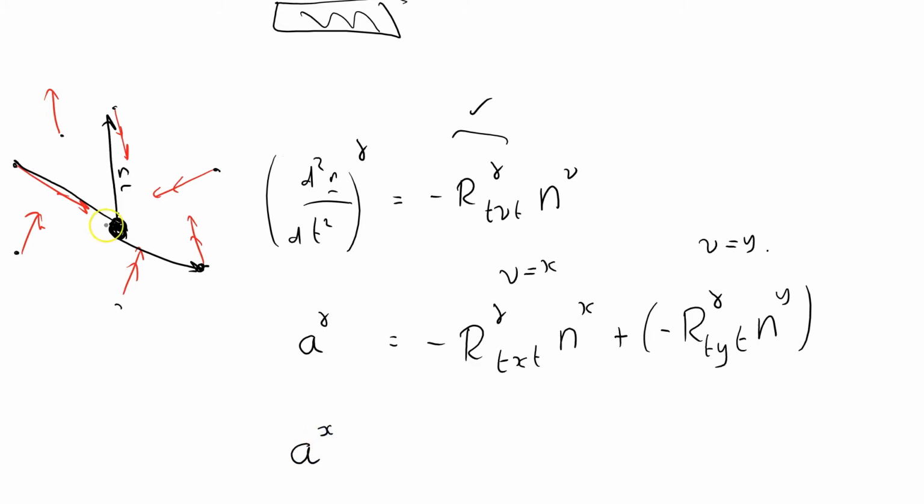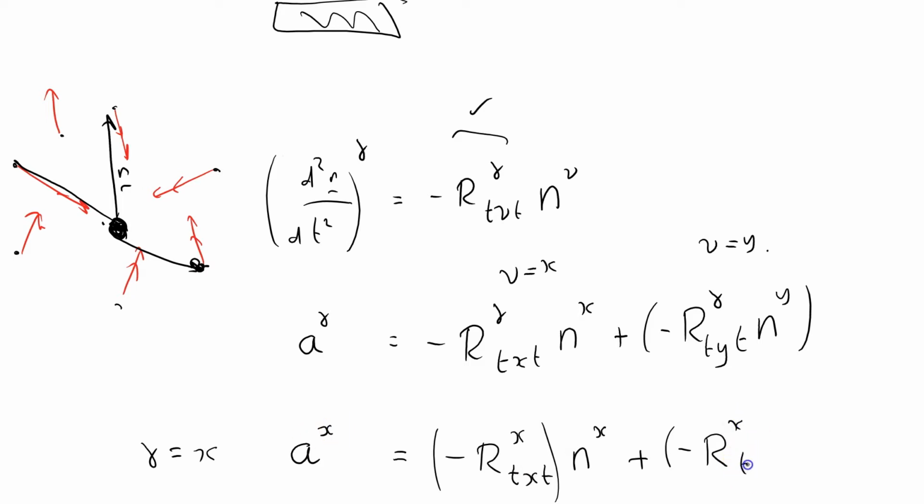So that tells us that the x component of the acceleration of these particles here equals minus r, and now I'm putting gamma equals x into this formula. I could just copy it down. Gamma equals x, txt nx plus, I'll put the brackets in, minus r, gamma equals x, t, y, t, n, y.